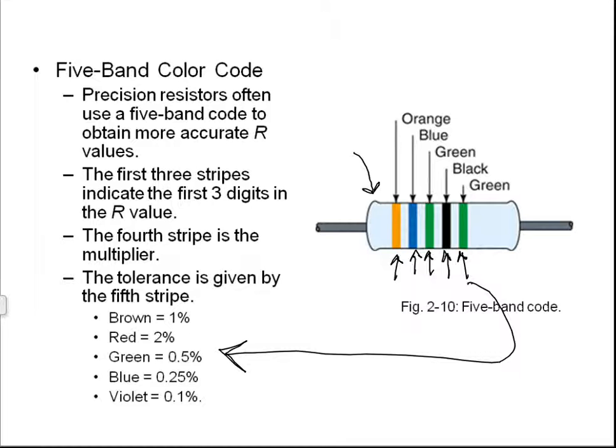So you see, we're going pretty tight tolerance: brown being 1%, green being 0.5%. We can get all the way down to 0.1% for a tolerance. So with the metal film resistors, you can get quite the tight tolerance. Of course, your tolerance band is the one farthest away from the edge. Your first numeric band will be closest to the edge.